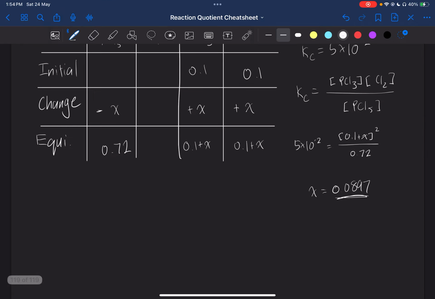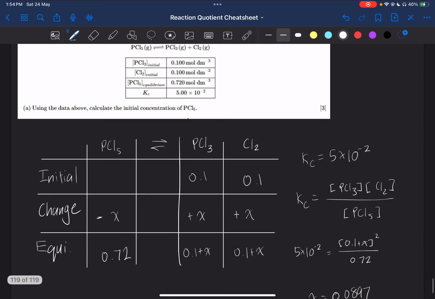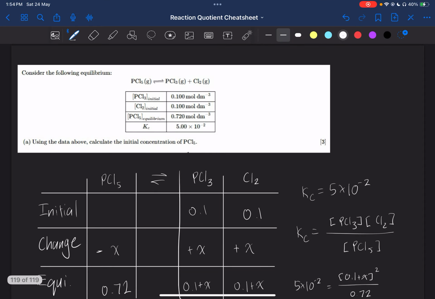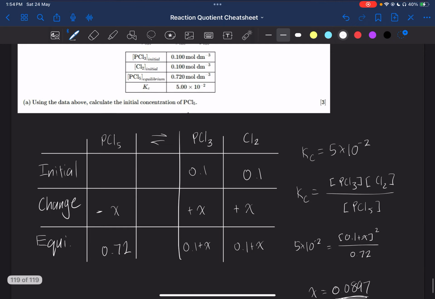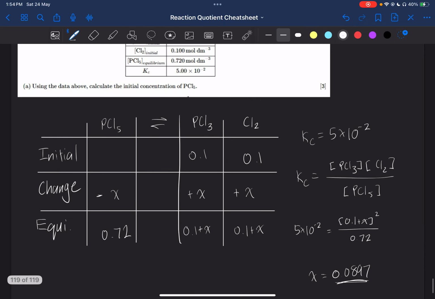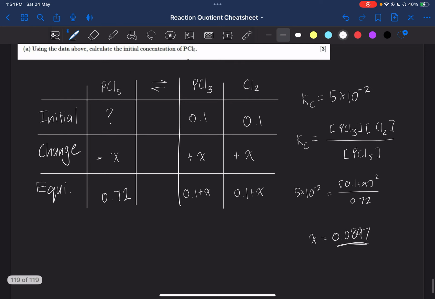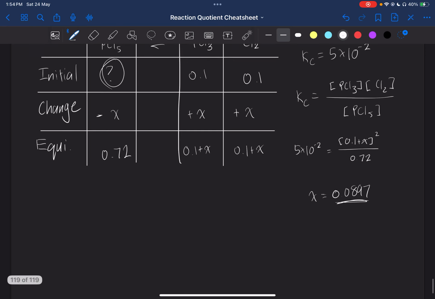Now the question is asking us to calculate the initial concentration of PCl5. So what we can do now is find the initial concentration of PCl5. How do we get from equilibrium to change to initial?